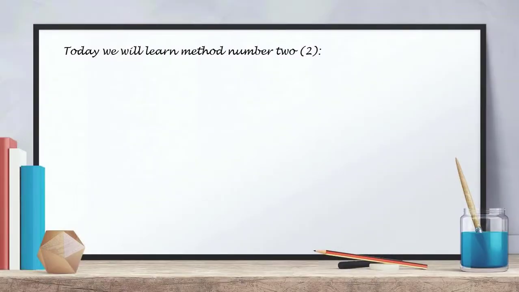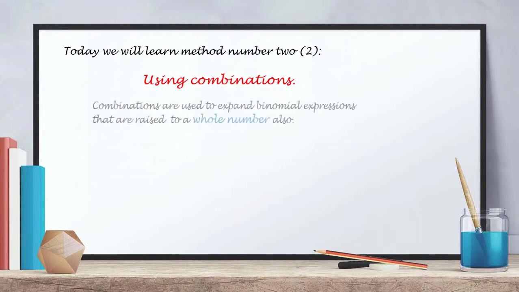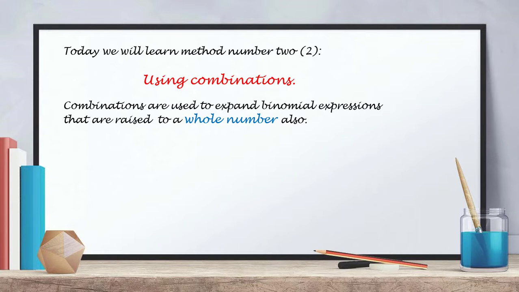Today we will learn method number 2, using combinations. Combinations are also used to expand binomial expressions that are raised to a whole number. Example: a plus b raised to the power n.